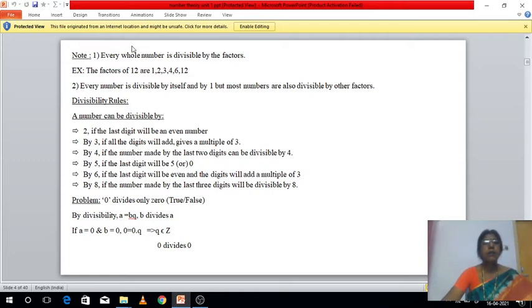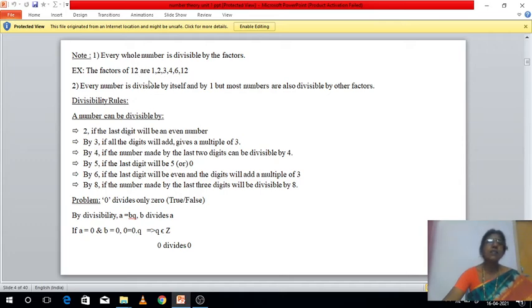Here you observe every whole number is divisible by its factors. For example, the factors of 12 are 1, 2, 3, 4, 6, 12. So 12 can be written as 1 into 12 one way, 2 into 6 another way, 3 into 4 another way. 12 is divisible by any of these factors.